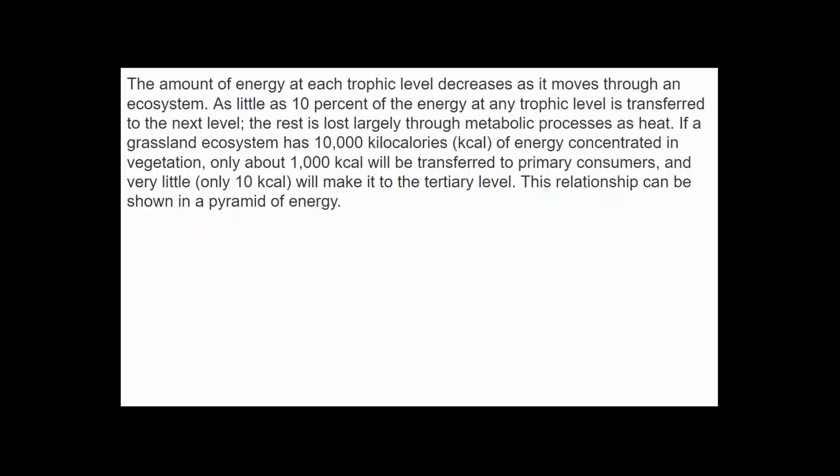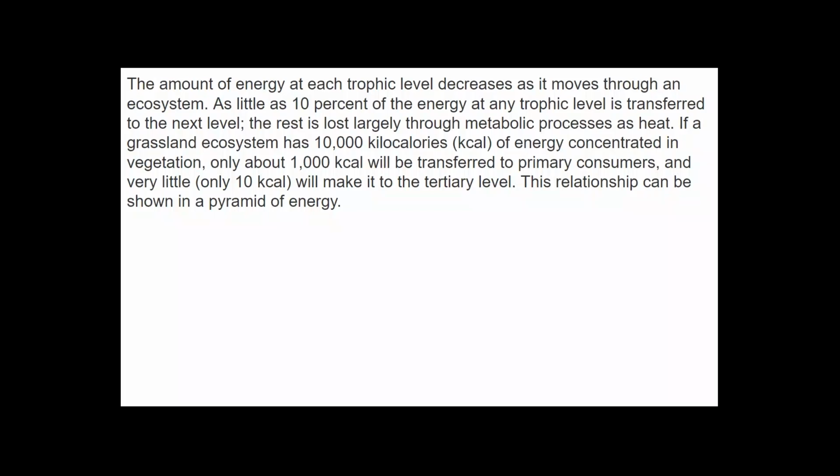As little as 10% of the energy at any trophic level is transferred to the next, and the rest is lost largely through metabolic processes as heat. If a grassland ecosystem has 10,000 kilocalories of energy concentrated in vegetation, only about 1,000 will be transferred to primary consumers, and very little, only 10 kilocalories, will make it to the tertiary level.